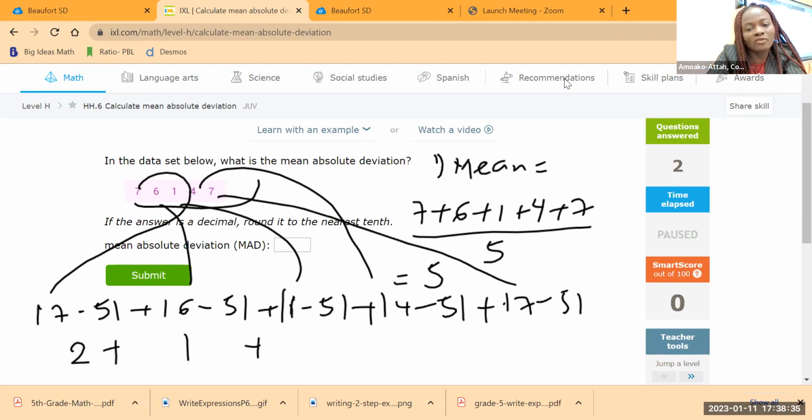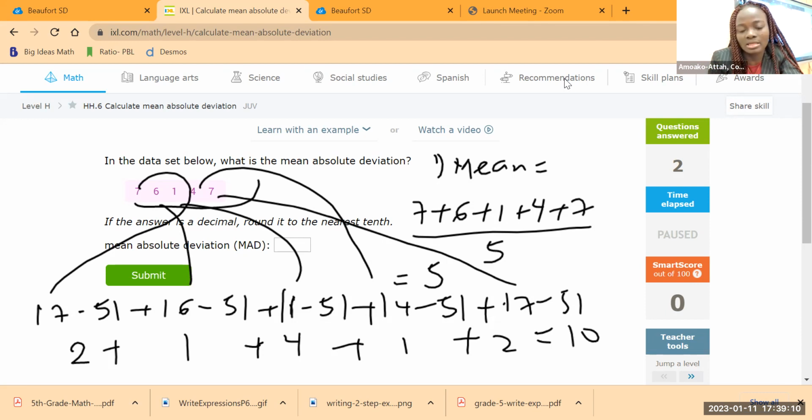Don't forget the absolute value of a negative number is its positive number. 4 minus 5 is -1, but the absolute value of -1 is 1. 7 minus 5 is 2, and the absolute value of 2 is 2. Now let's sum these: 2 plus 1 is 3, plus 4 is 7, plus 1 is 8, plus 2 is 10. So this gives you 10.